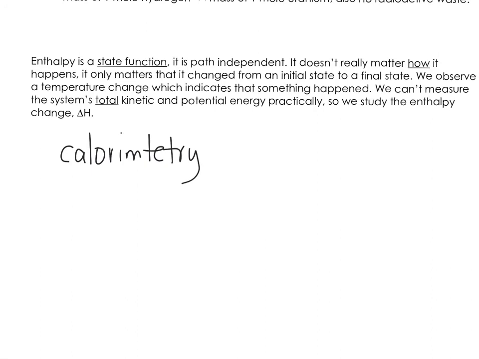And this basically is a vessel in which you measure the temperature change of the surroundings, and your system is contained in the calorimeter and is occurring. But we're going to get to that later.